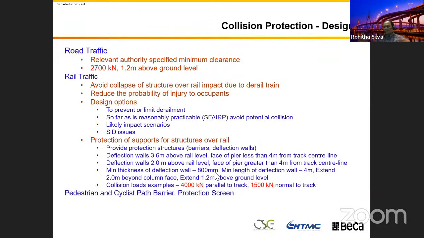So let's say there are places you want to go back and rectify. You can design the structures you will see in the next slide, or you can put a guardrail and protect that in terms of the rail environment. But for road traffic, if you notice there is a risk that the current design is not working, you can still rectify.